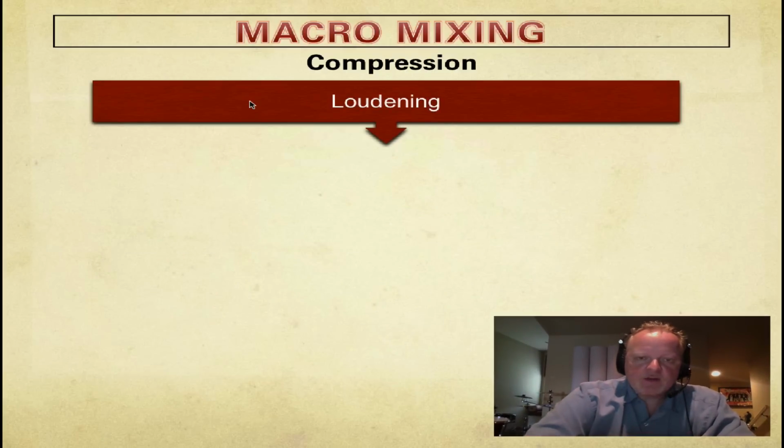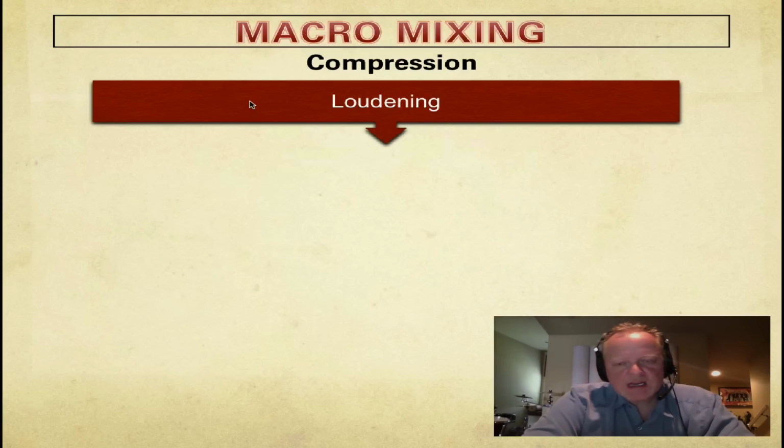One of the biggest issues that compression can fix for you is instruments that are too dynamic and you're having a problem bringing them up in your mix. By adding compression, which is kind of counterintuitive if you think about it, you're actually lowering the sound of the peaks, therefore giving you the ability to turn the sound up overall.